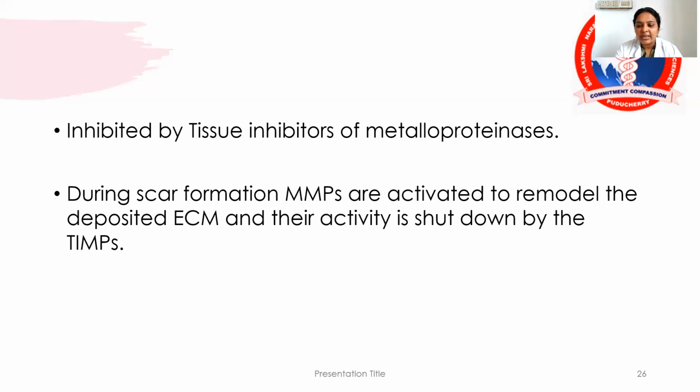In summary, the repair can occur either by regeneration or by scar formation. The final scar formation is dependent upon the metalloproteinase degradation and the generation. Thus, it is a balance between the generation and the degradation.